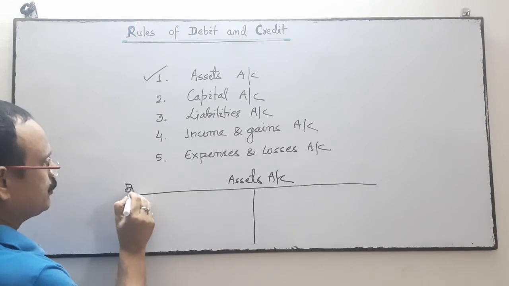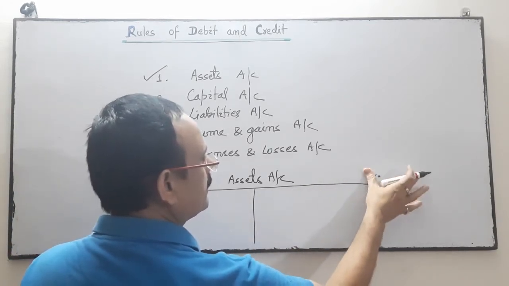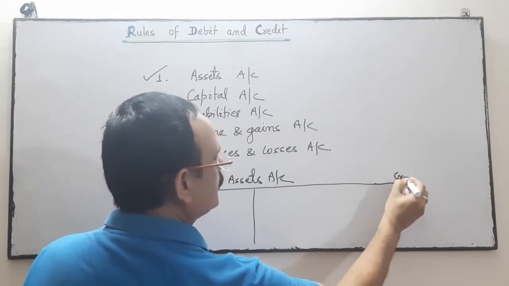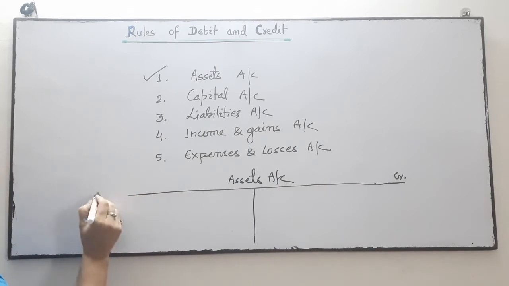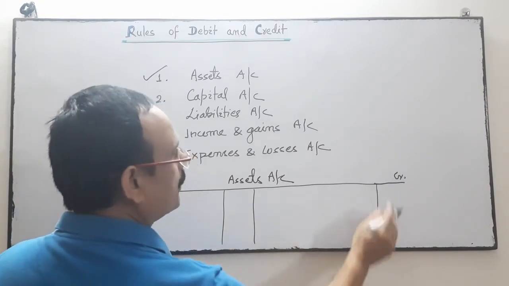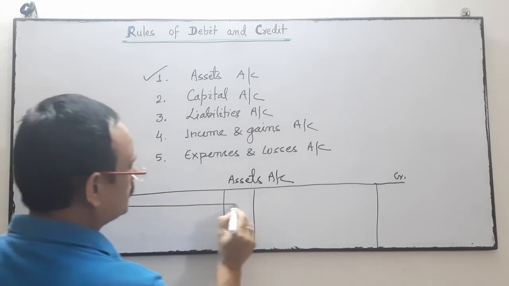Left hand side is debit and right hand side is your credit. This is for amount.